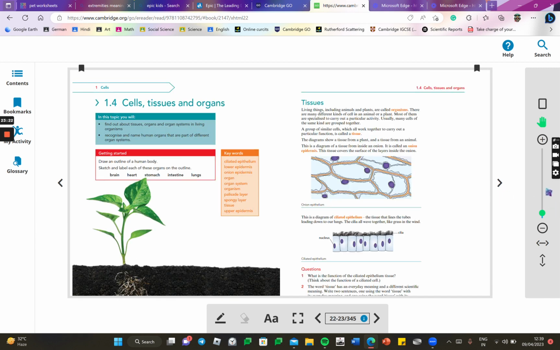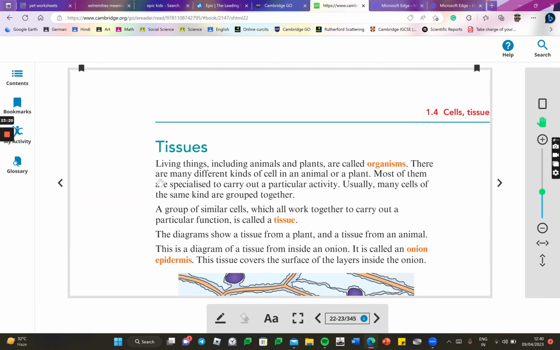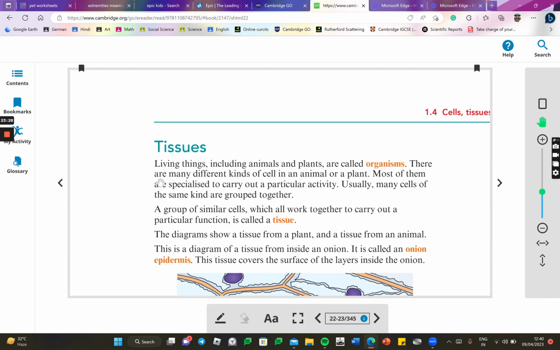Now, this shows us that living cells, including animal and plant cells, make up organisms. There are different kinds of cells in an animal or plant. Most of them are specialized to carry out a particular activity. Usually many cells of the same kind are grouped together.